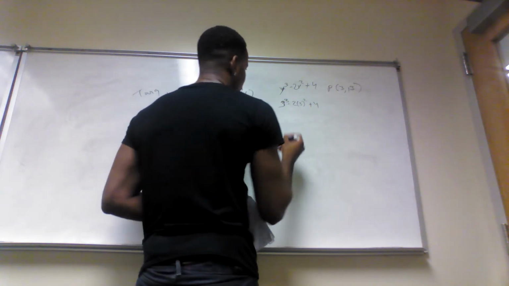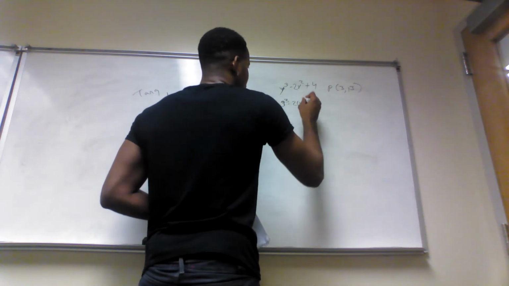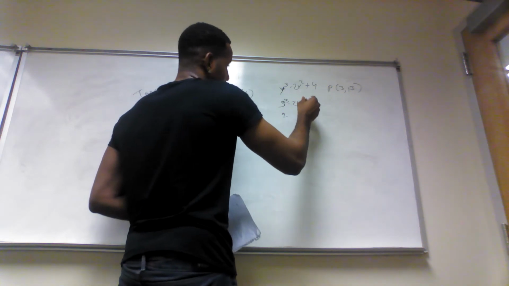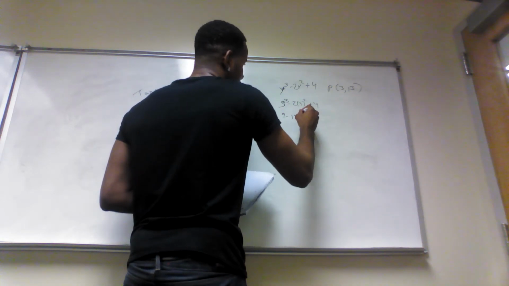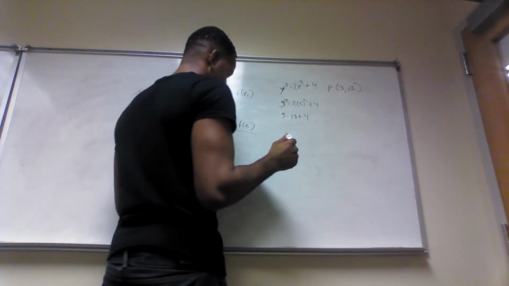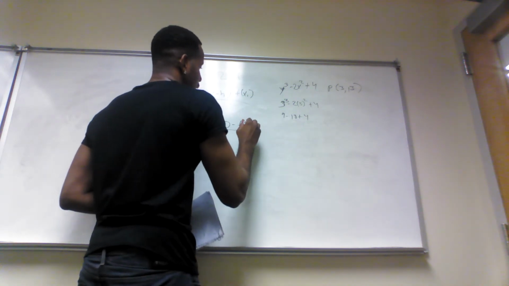And you're going to have 27 minus 2 times 9, which is 18, plus 4, and you are going to get a number of 13, which is exactly what we want.